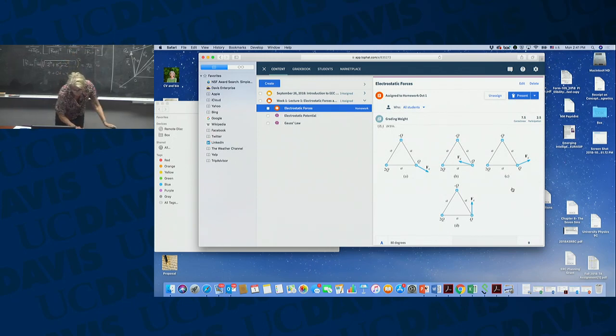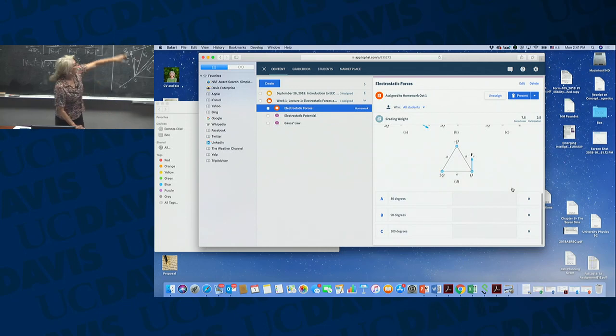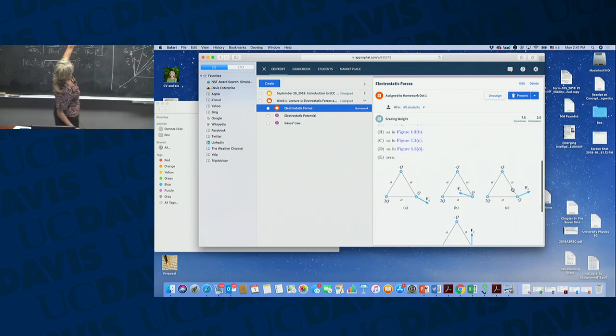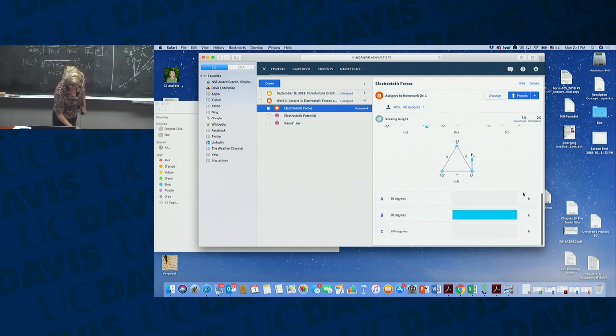But now I ask you to identify which angle is generated between this phi sub b right here and this side of the equilateral triangle. I want you to tell me how much this angle is, and I have given you three choices: 80 degrees, 90, or 100. All right, you have 5 minutes.